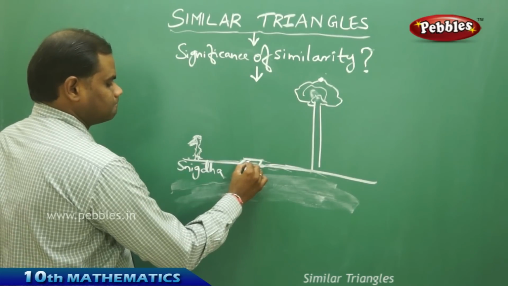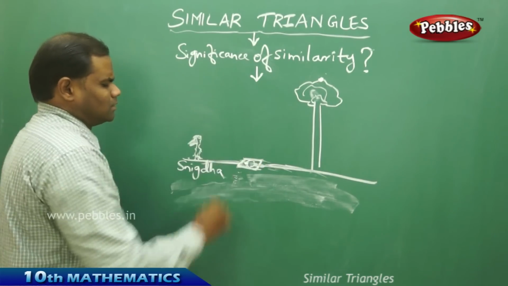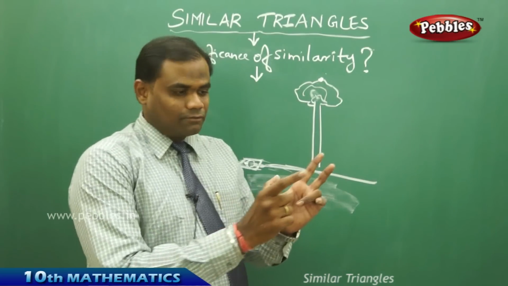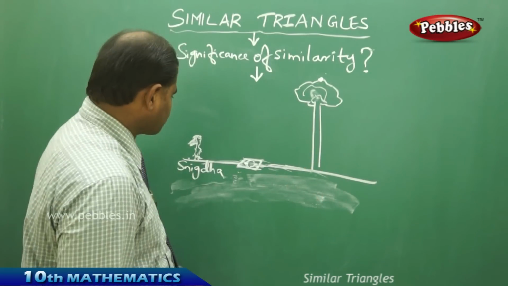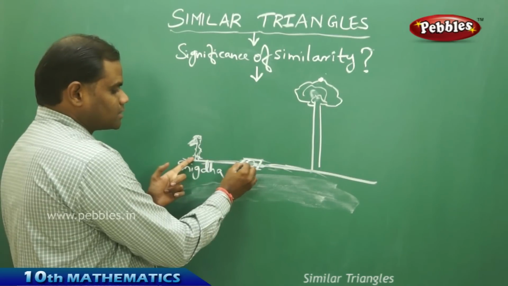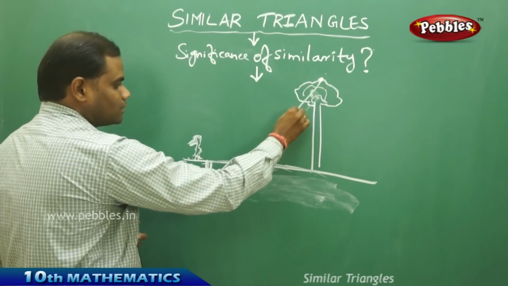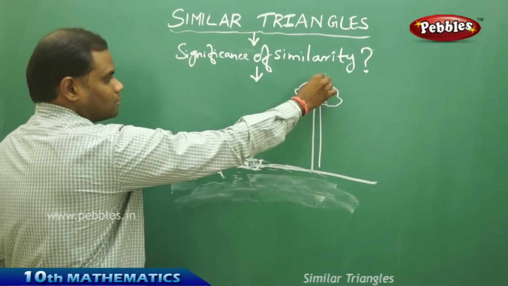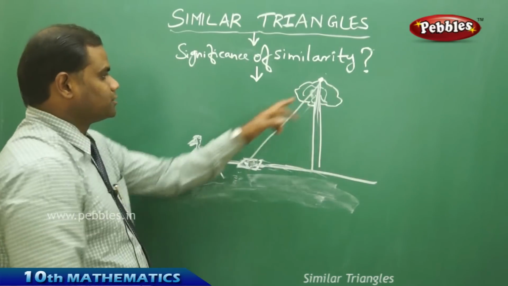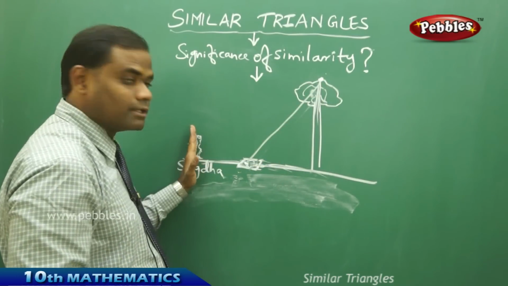She adjusted herself to different positions until she reached the place on the ground where she could see the top of the tree in the mirror, and she halted there.